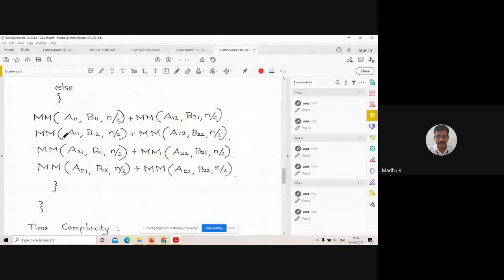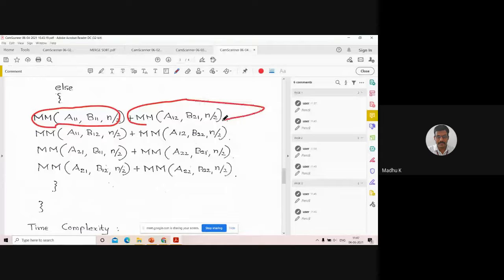So A11, B11, then A12, B21, plus. Then again we will call the function in this way. So we will make 4 recursive calls of mm.